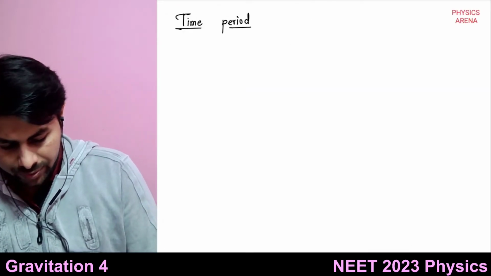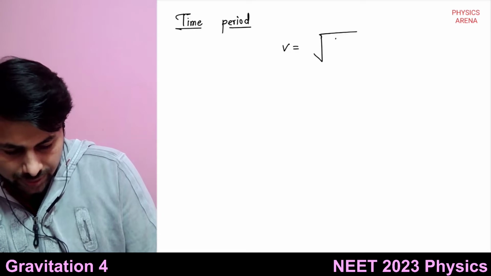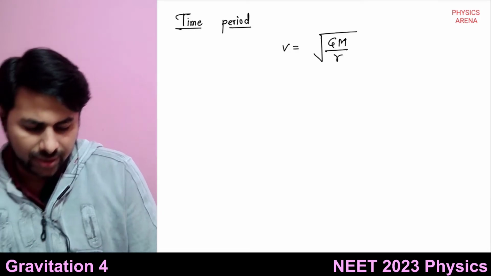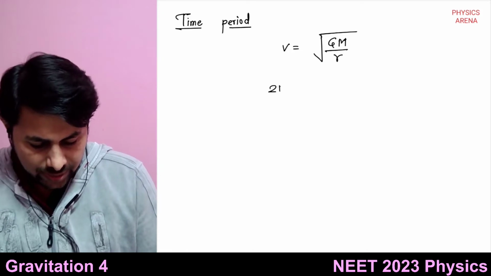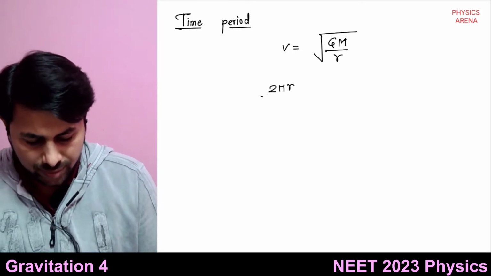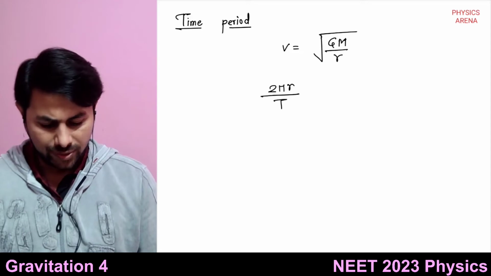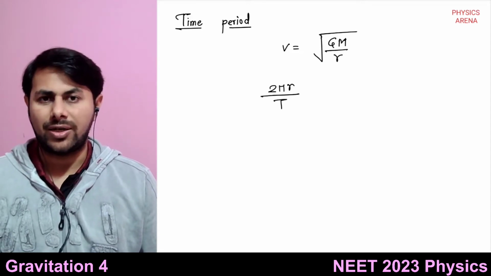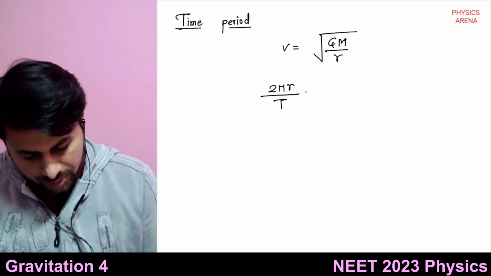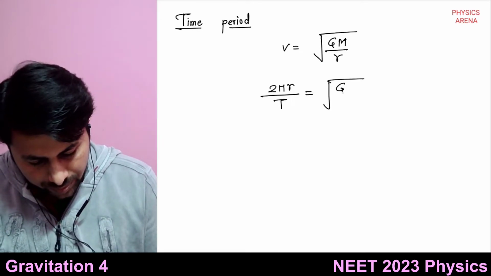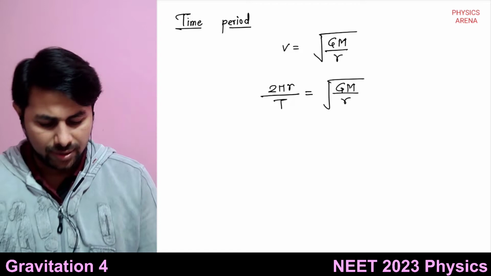Then we can substitute for v as 2 pi r upon T. So v is equal to 2 pi r divided by T. This is the speed in circular orbit. So it's equal to the square root of GM upon r.